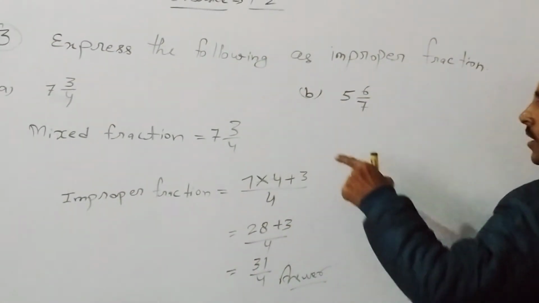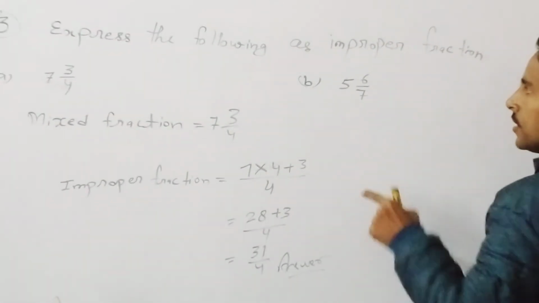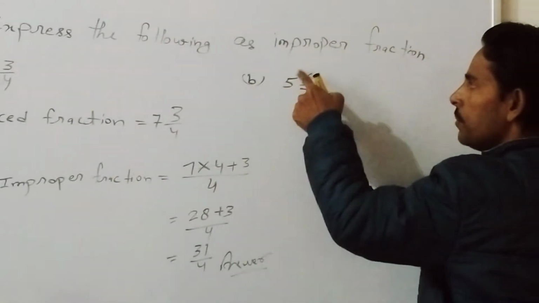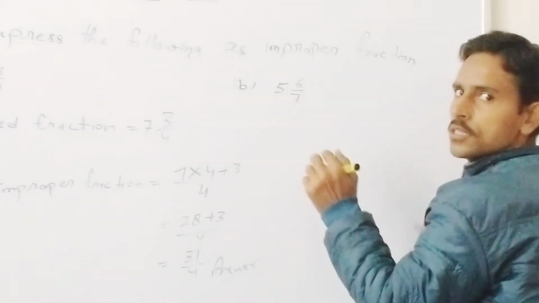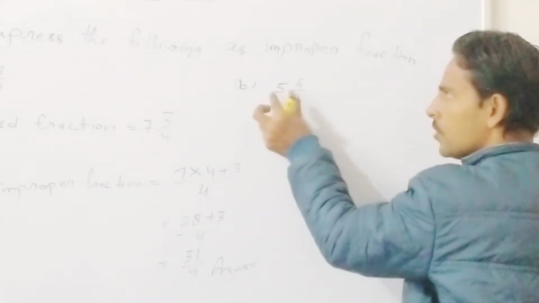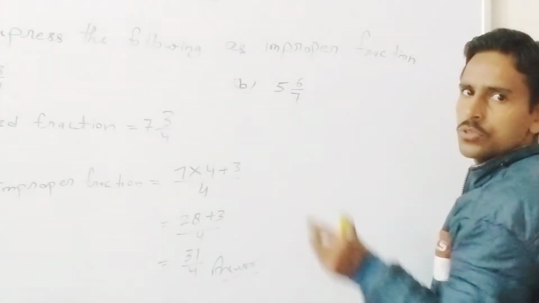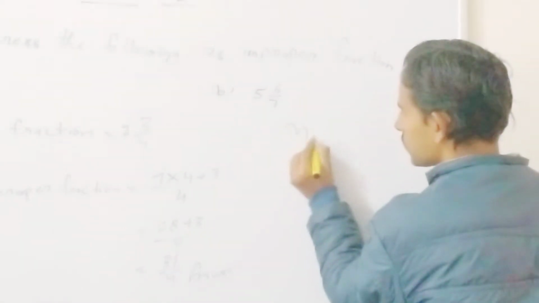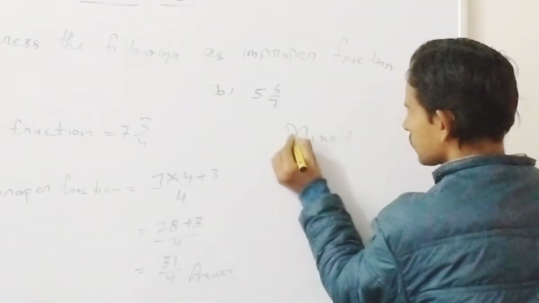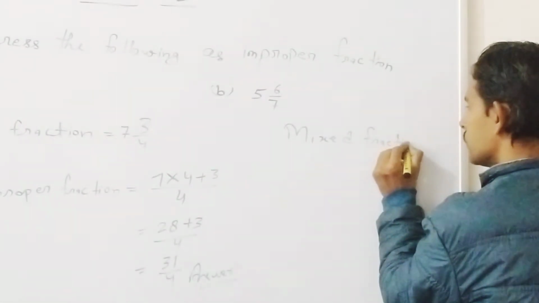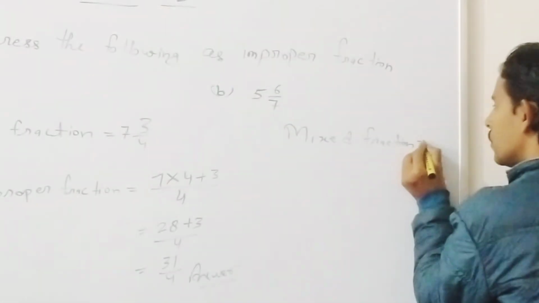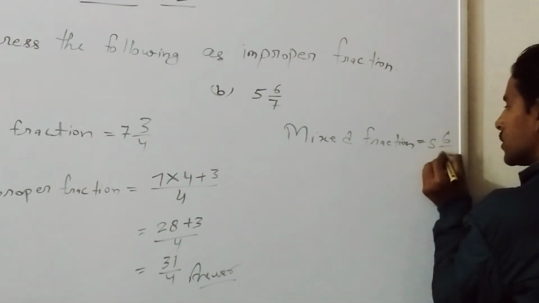And again there is question number B. Here it is also a mixed fraction because it has a whole number and a fraction. It is a combination of a whole number and a fraction, so this is known as a mixed fraction. Write down: mixed fraction equals 5 whole 6 upon 7.